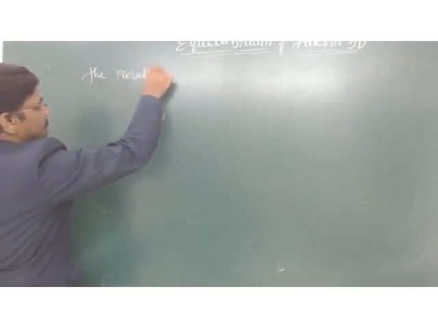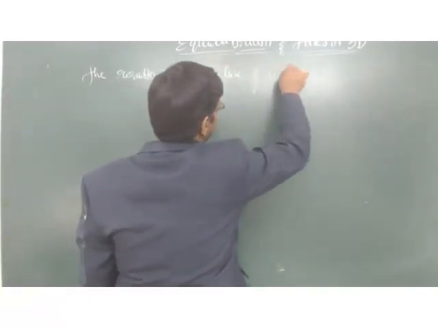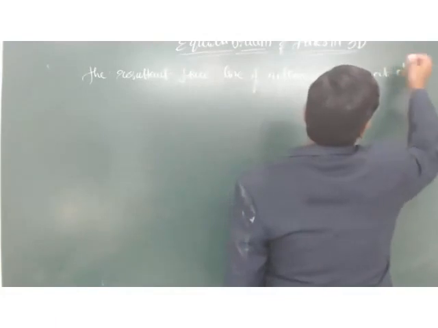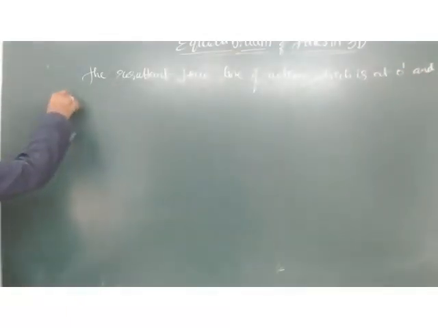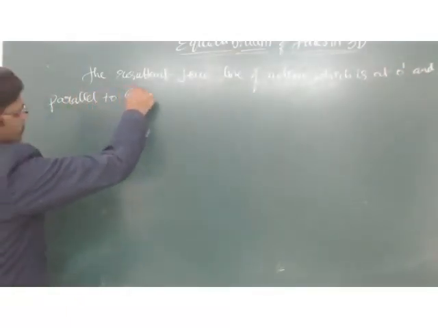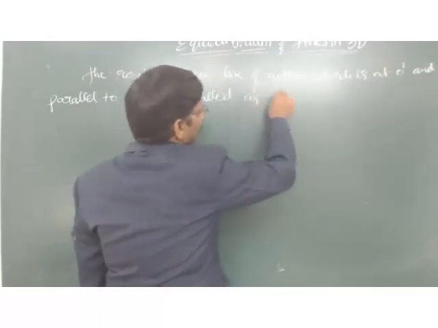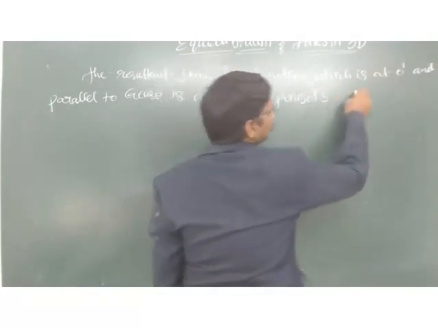That resultant force line of action, which is at O dash and parallel to G cos theta, is called Poinsot's central axis.